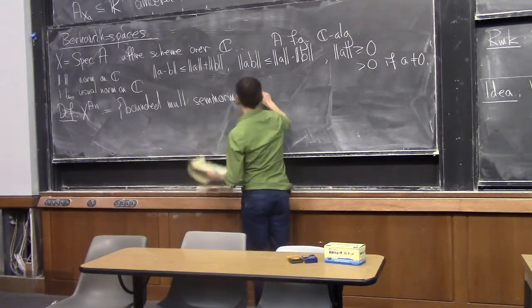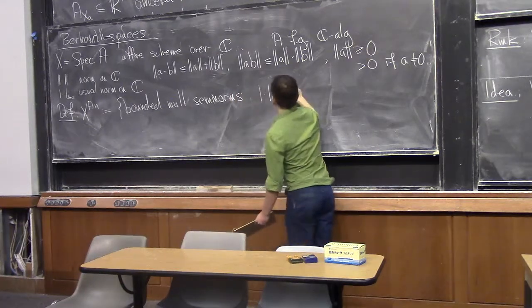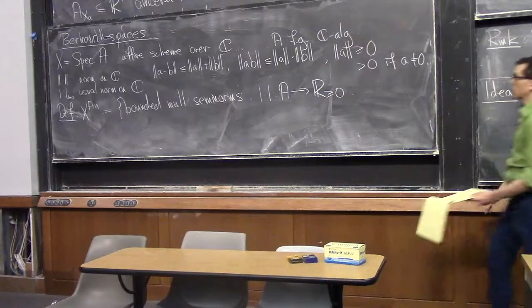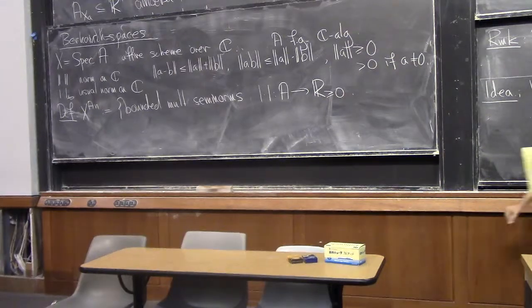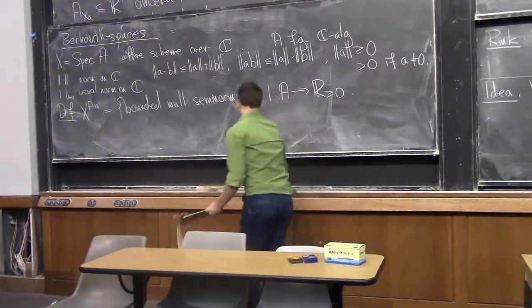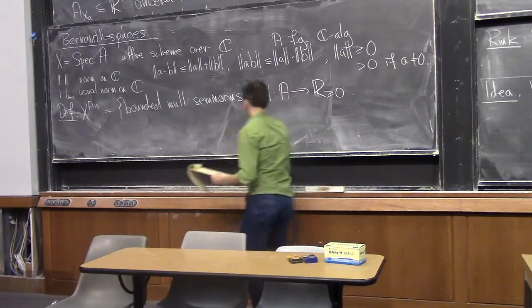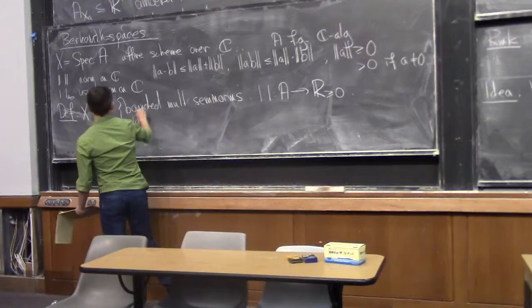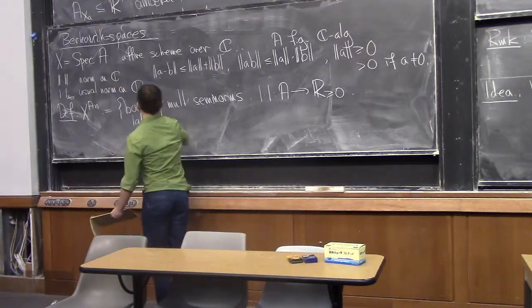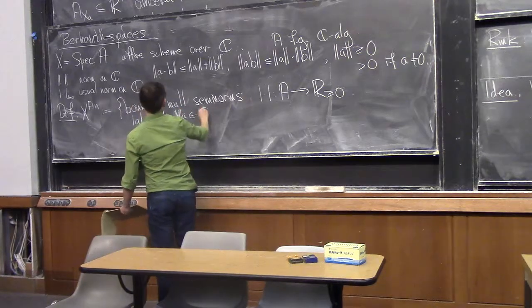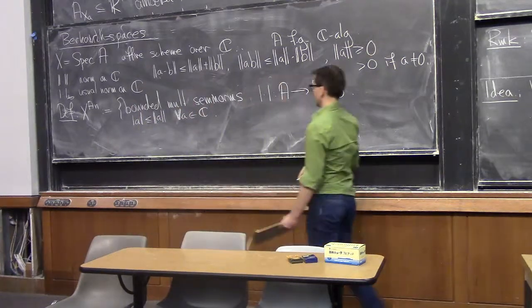A seminorm is a function from A to the non-negative real numbers. By bounded, I mean it's bounded by the given norm on C, on the ground field.